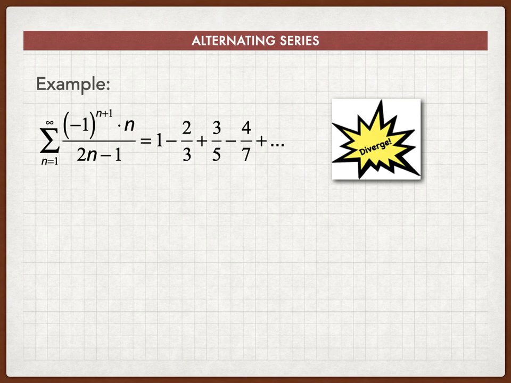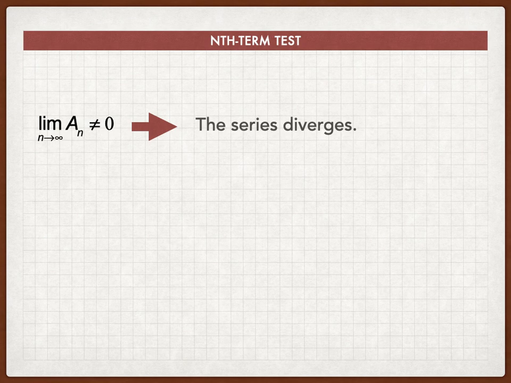But wait, you saw it right away, didn't you? Because you applied the nth term test. The terms have to go to 0 whether the nth term is positive, negative, or alternating. The signs, who cares? If they don't go to 0, the series diverges.